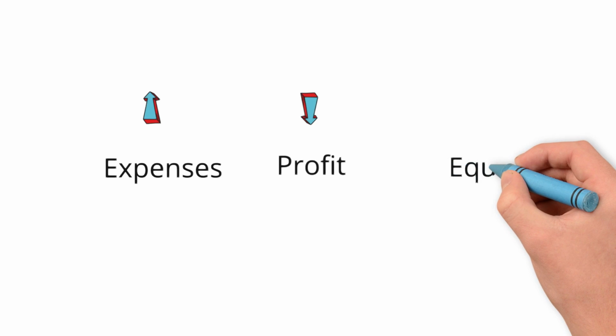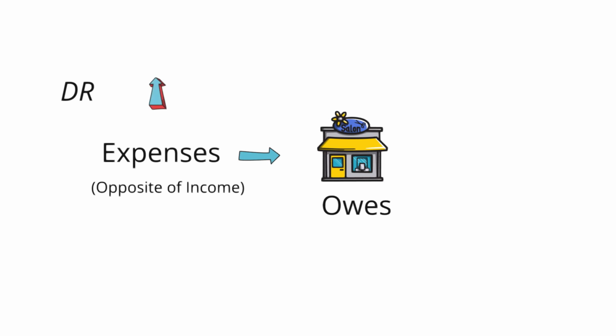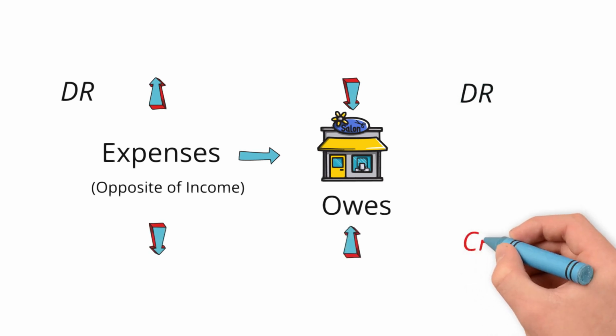Expenses. In a similar manner, but with the opposite effect, an increase in expense results in a decrease in profits, and the decrease in profits will decrease the equity. The decrease in expense will increase the profit, and that will increase the equity. Therefore, an increase in expense is a debit, and a decrease in expense is a credit.